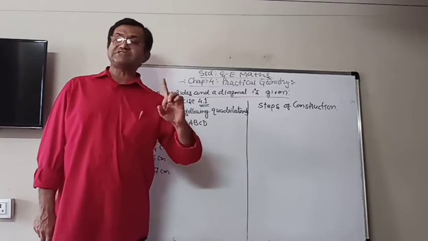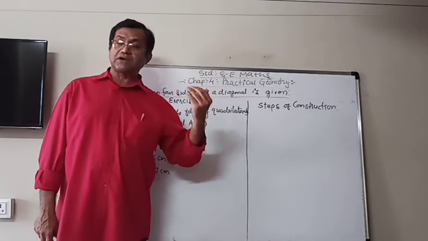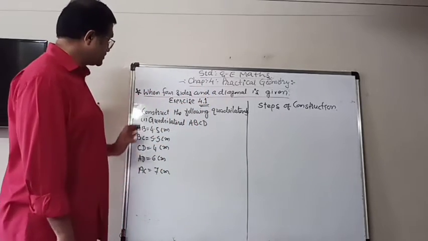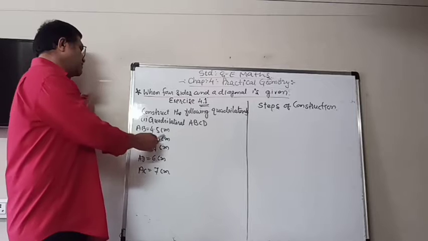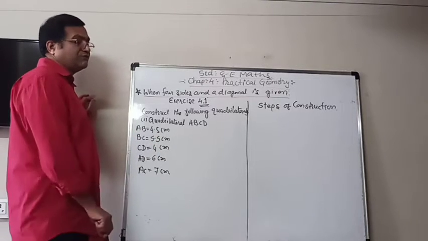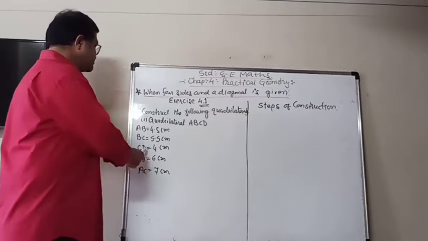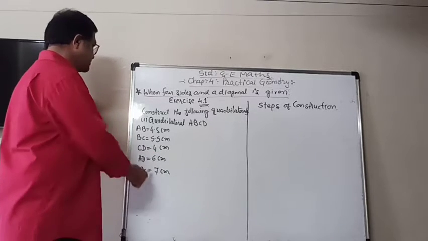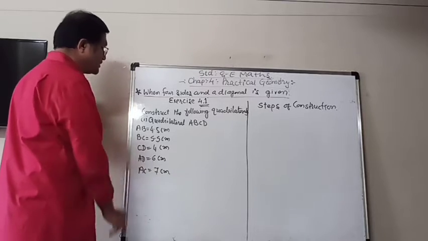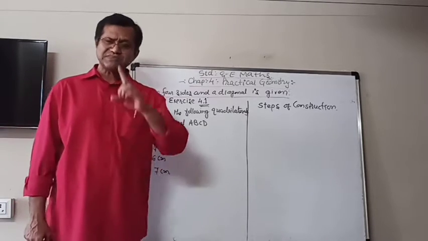First, construct quadrilateral ABCD in which AB is 4.5 centimeter, BC equals 5.5 centimeter, CD is equal to 4 centimeter, AD is 6 centimeter, and AC equals 7 centimeter.